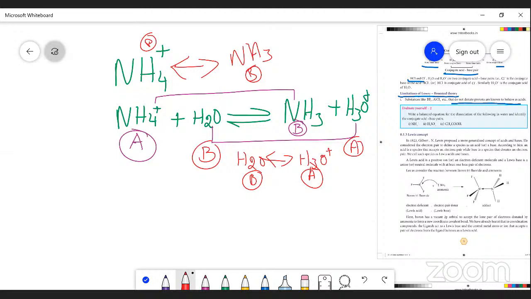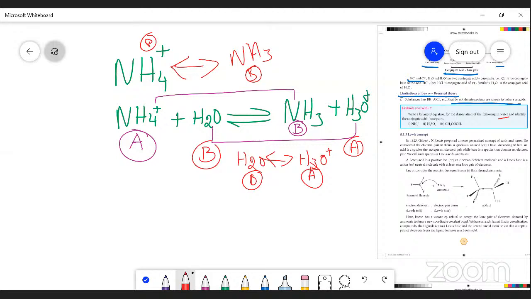In evaluate one, what is happening? They have given the ammonium ion, and asked to write the balanced equation for the dissociation in water. I am taking the ammonium ion and dissolving it in water, H2O. After dissolving in water, what am I getting?